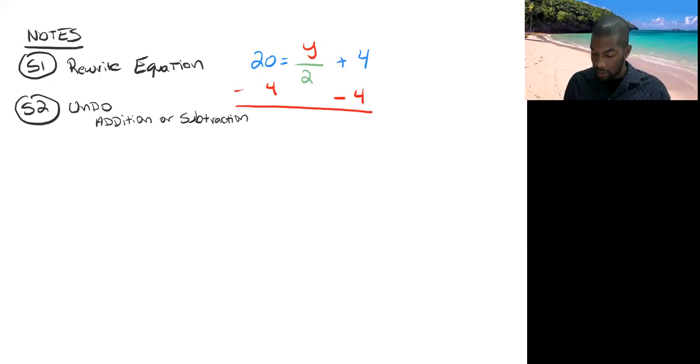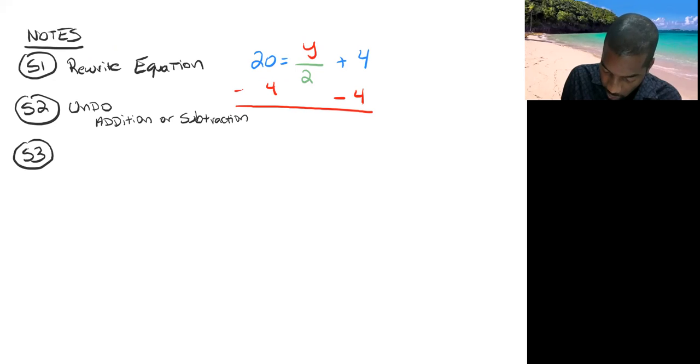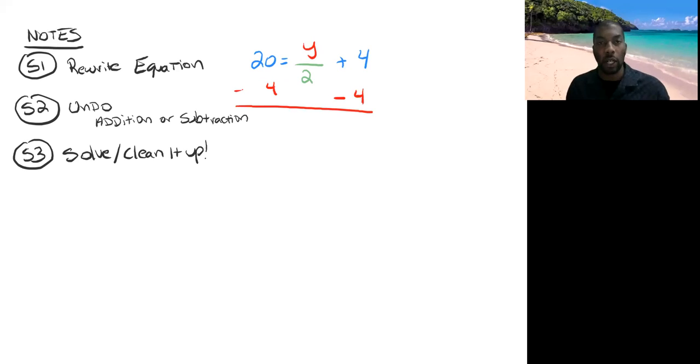All right. Now I clean it up. Step 3 is to solve or clean it up. 20 minus 4. What is 20 minus 4? 20 minus 4 is 16. Did anything happen to the y divided by 2?